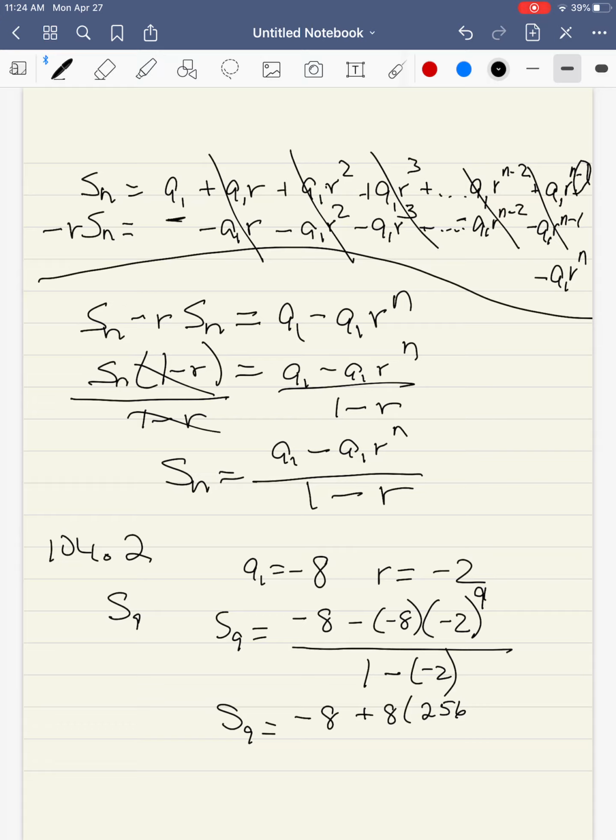Oh, hold on a minute. Yeah, that's fine. We should get the same thing. Hold on. I didn't factor the numerator part of that formula, which we could have done, but we should get the same answer, because this would be a1 times 1 minus r to the n over 1 minus r.